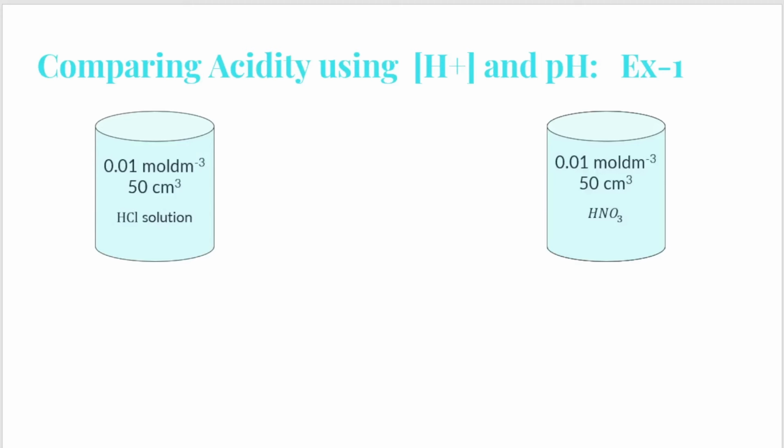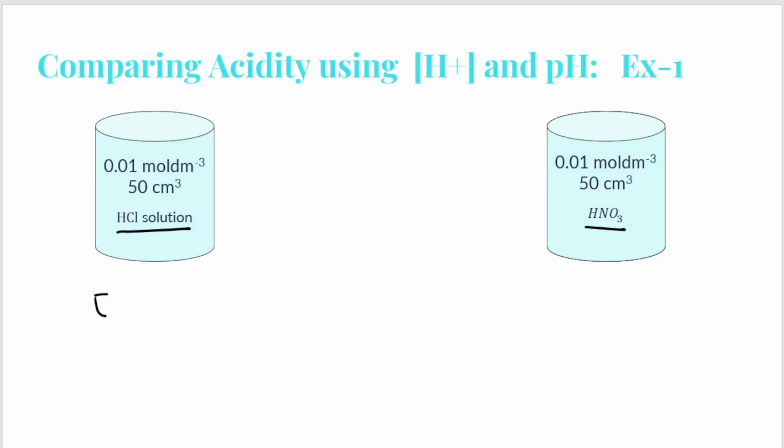Now that we've learned how to find the hydrogen ion concentration of acidic solutions and their pH values, let's learn how we can compare the hydrogen ion concentrations and the pH values to understand their relative acidities. Using the same examples as before, we have 0.01 mole per dm cube concentration of HCl solution and HNO3 solution.